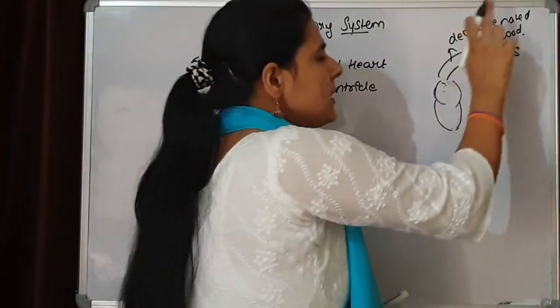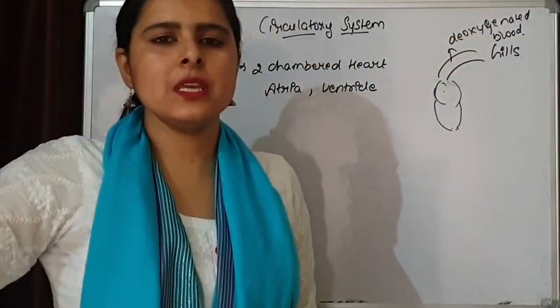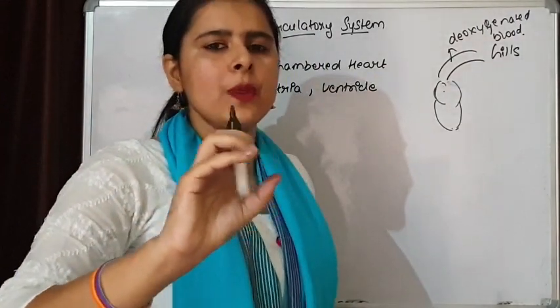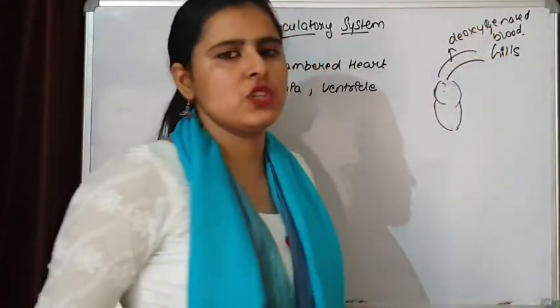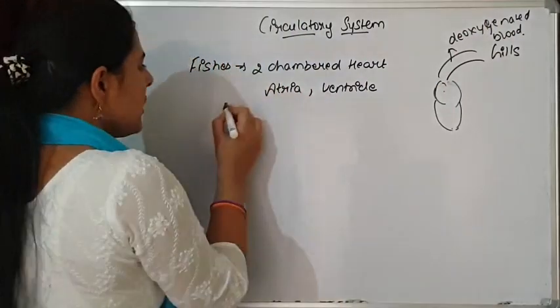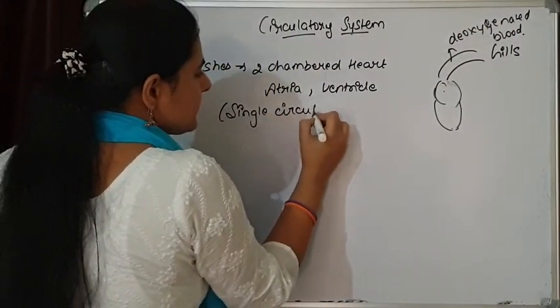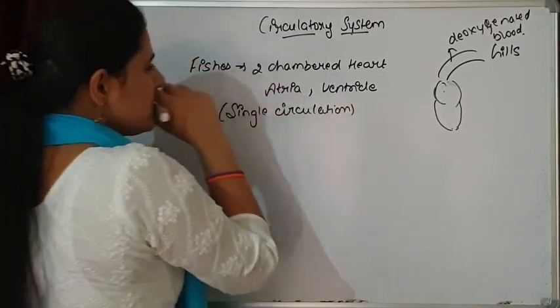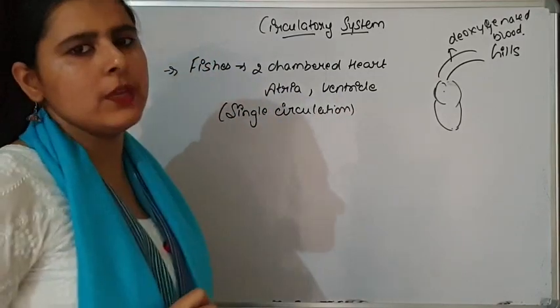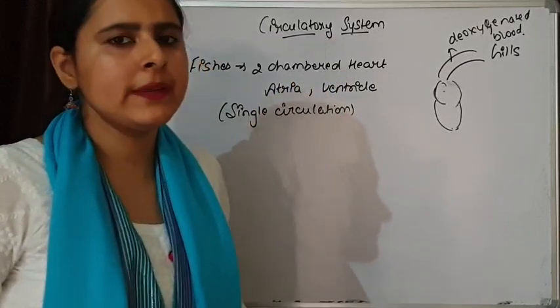So the heart is going to pump only one single type of blood, and that will be deoxygenated blood. So fishes are only showing single circulation. Only single circulation of blood is taking place because of incomplete heart.